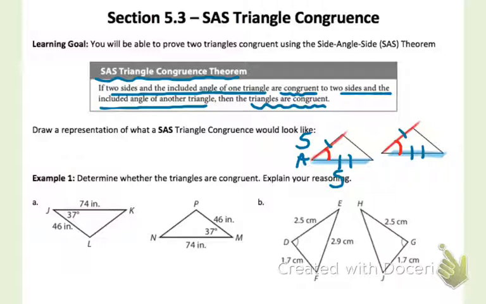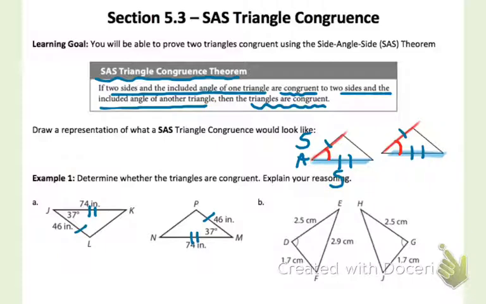So let's look at our first example. We're going to go through and see if we can verify that we can use this. Remember it's really important to be marking your drawings as you identify parts that are the same. There are two sides that are both 74 inches in these triangles, and there's also two sides that are 46 inches.